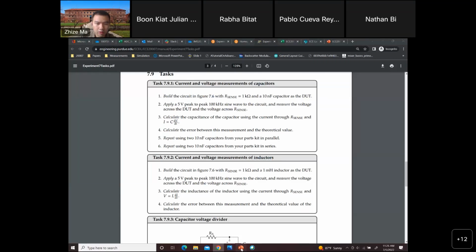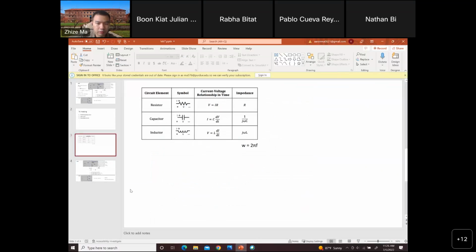Before I talk about the experiments, there's a quick thing I want to mention, which is the impedance. The impedance of a resistor is simply the resistance, but the impedance of a capacitor is 1 divided by j omega C. j is the imaginary unit, and omega is equal to 2 pi f, where f is the frequency.